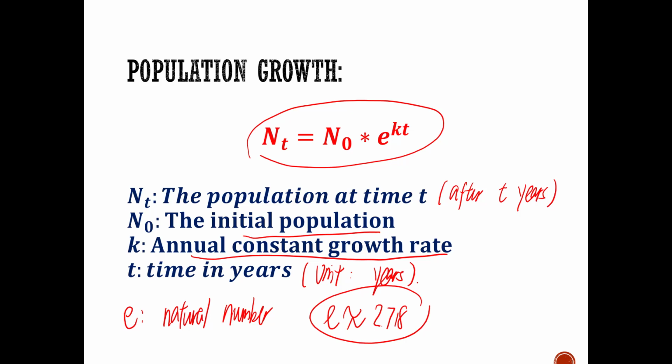Okay, so that's why in this model, the base here is e, right? Base is e, and e captures the continuous compounding nature. Right. Now let's look into some examples and then try to utilize the formula to analyze the situation.